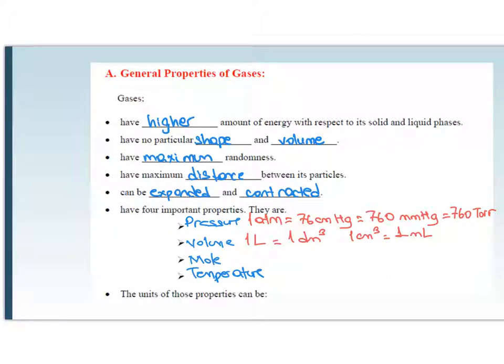For temperature, we have 2 important units, which are Celsius and Kelvin. In all of the questions, we're going to take the unit of temperature always in Kelvin, and Kelvin is equal to Celsius plus 273.